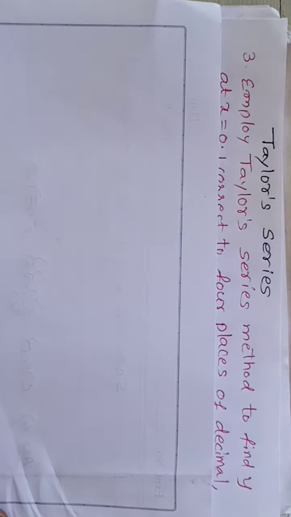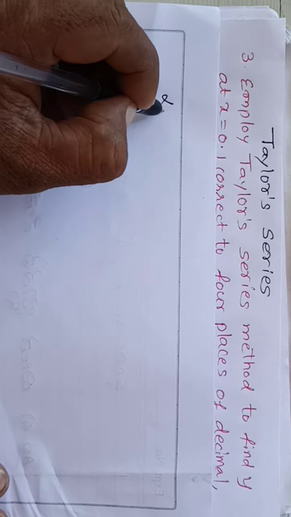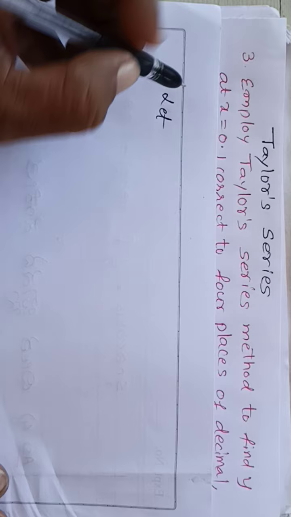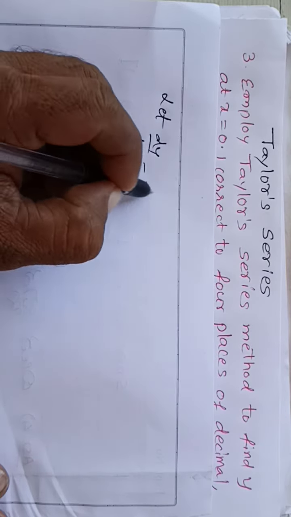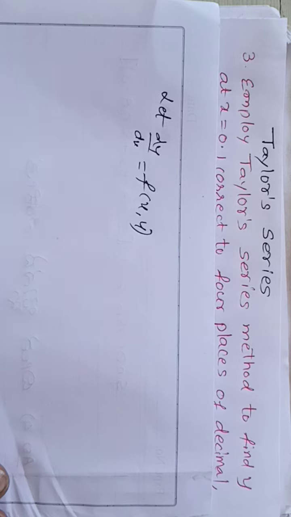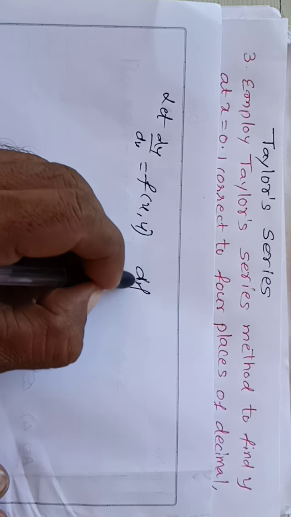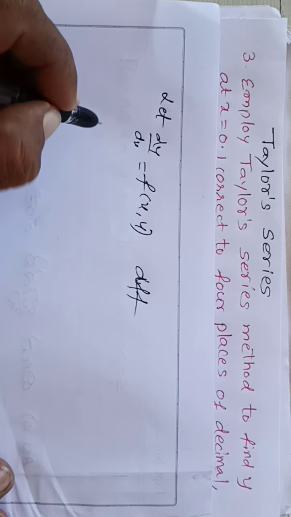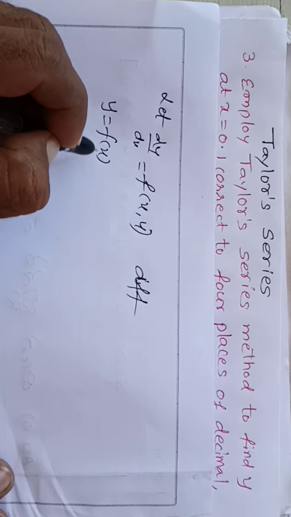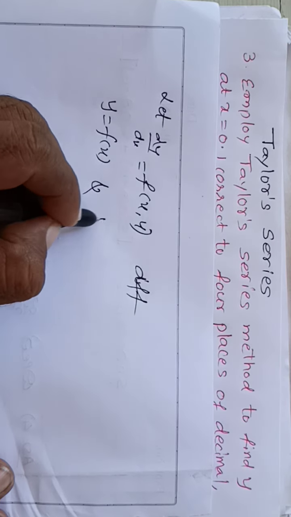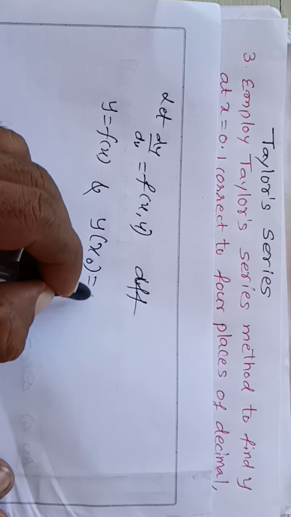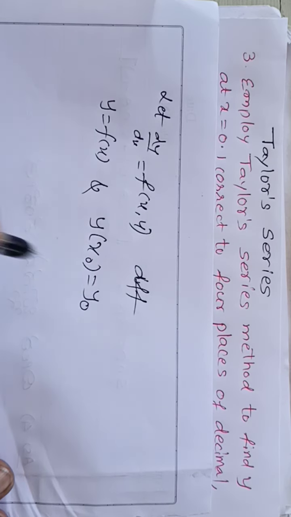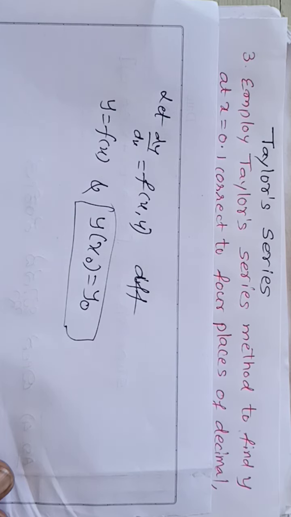In this type of problems, linear differential equation dy by dx is equals to f of x, y, as we had seen in theory, is a differential equation whose solution is y is equal to f of x and y of x naught is equals to y naught, the initial value. These are the initial values.